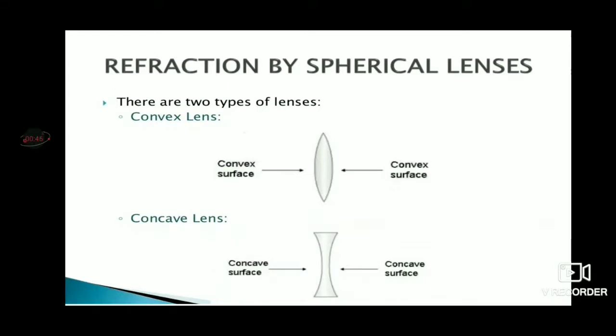Such a lens is called a double convex lens or simply a convex lens, as shown in the first figure. It is thicker at the middle as compared to the edges, and it converges light rays. That's why convex lenses are called converging lenses.